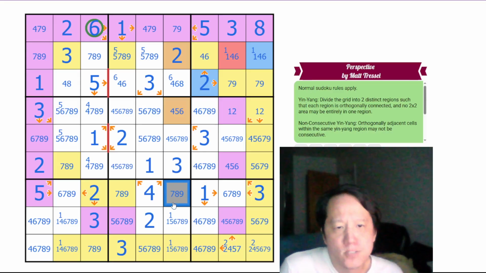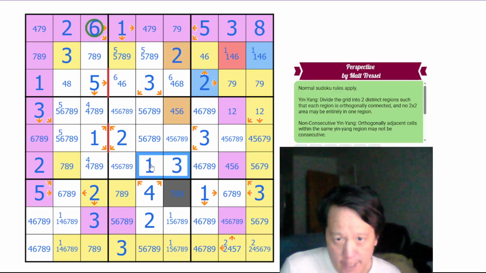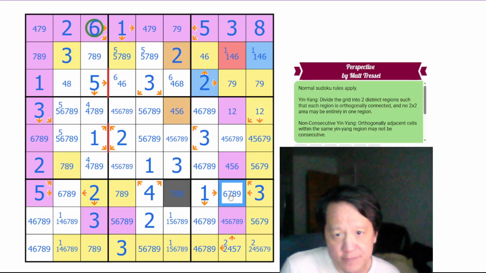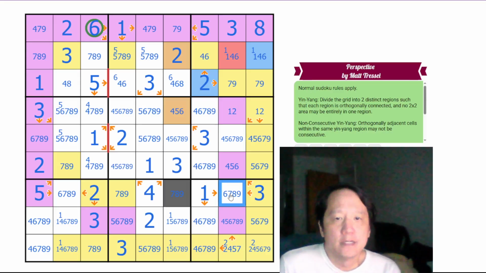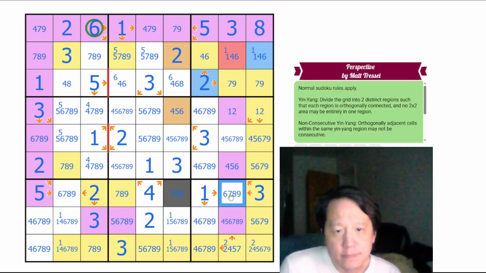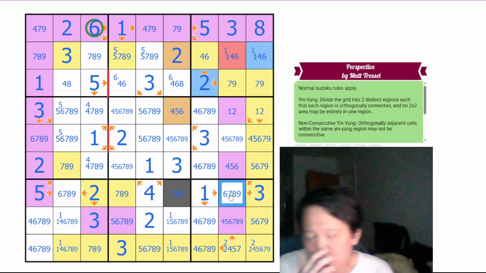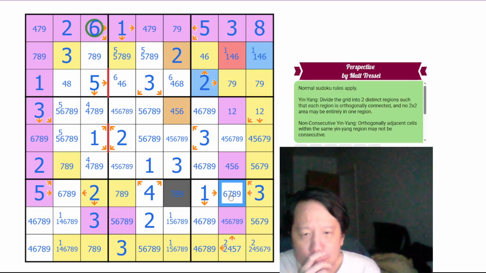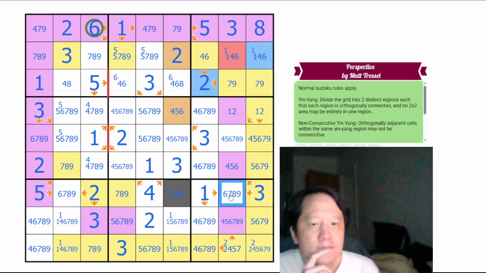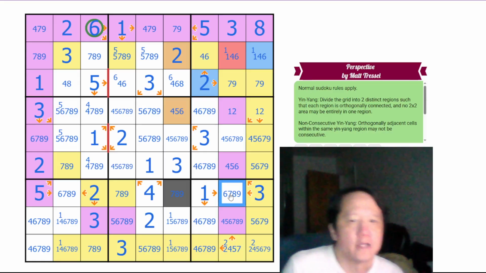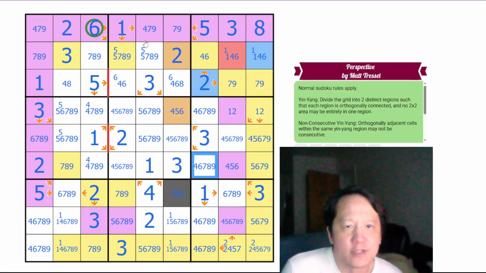Interesting. Okay. These are different regions, so that's fine that they're consecutive. Anyways, okay, so that's interesting information there.